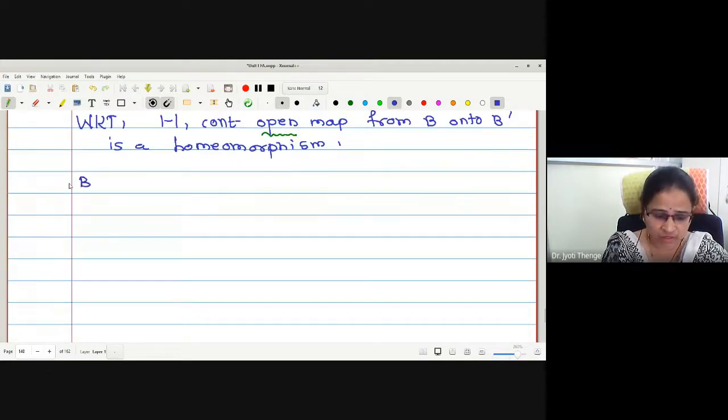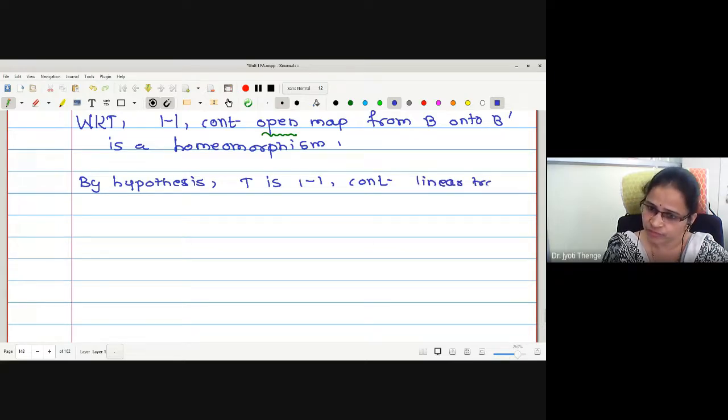But by hypothesis, how many conditions do we have? By hypothesis, T is 1-1, continuous, linear transformation from B to B dash. Which condition is missing then? Open is the condition missing.